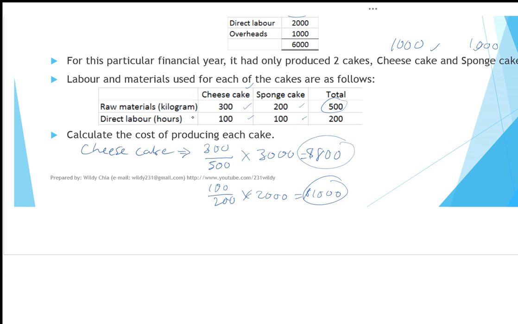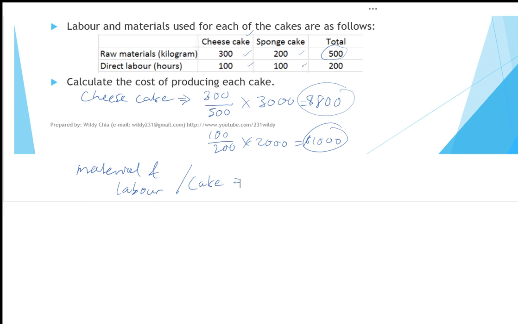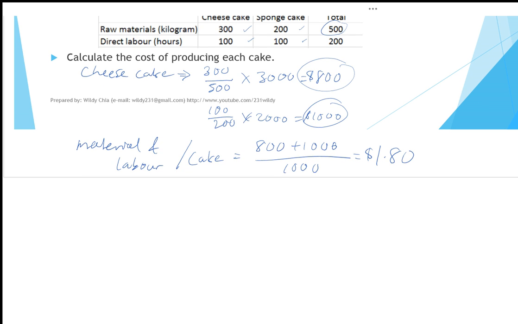So then in this case, it's possible to say that the material and labor cost per cake should be 800 plus 1000 divided by 1000 cheesecakes. So this tells us that the material and labor cost per cheesecake has to be $1.80.